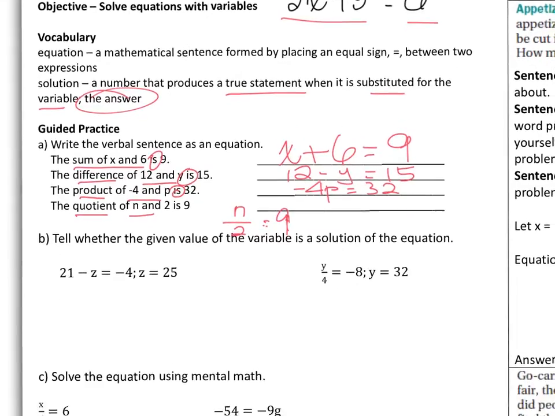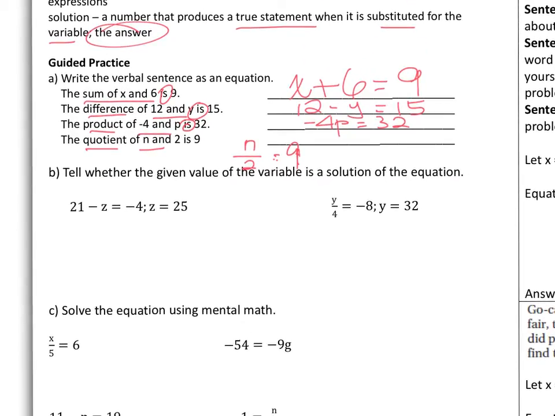Part B. Tell whether the given value of the variable is a solution of the equation. This means we need to determine if this given value is an answer for this equation. So we have 21 minus 25.